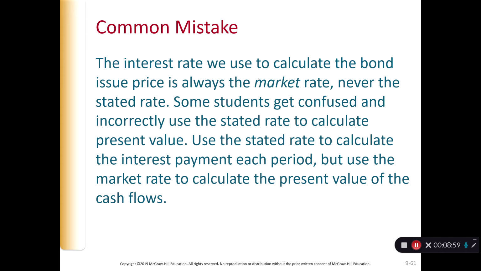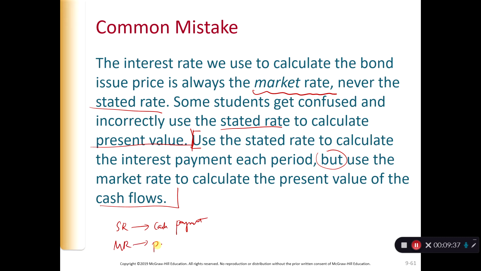The interest rate we use to calculate the bond issue price is always the market rate, never the stated rate. Some students get confused and incorrectly use the stated rate to calculate the present value. So that's the key: we use the stated rate to calculate the cash payment, but we use the market rate to conduct the present value of the interest payment.